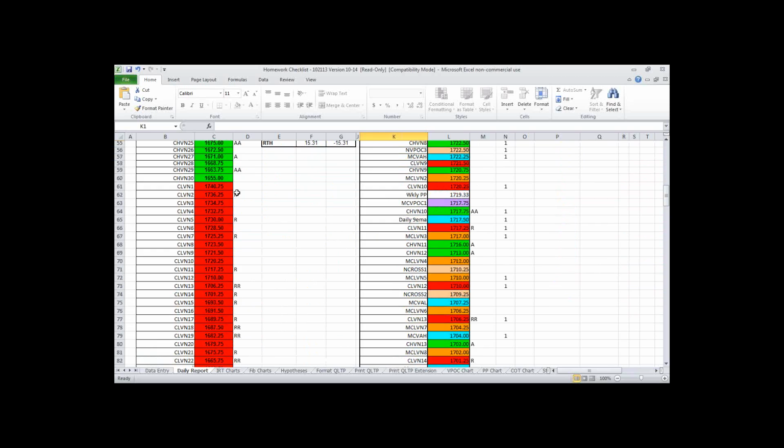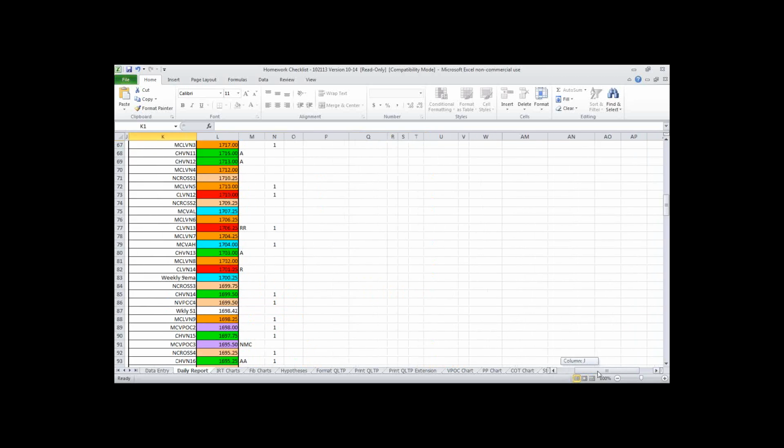The number I'm still watching below us is 1736.25, which was the LVN from Friday, and the CLVN that I think is going to trigger some of the sellers piling on.